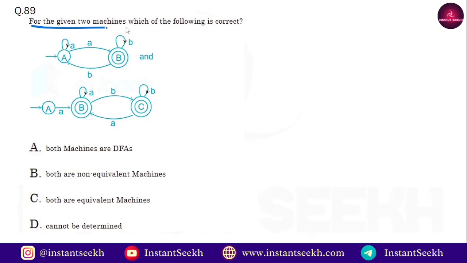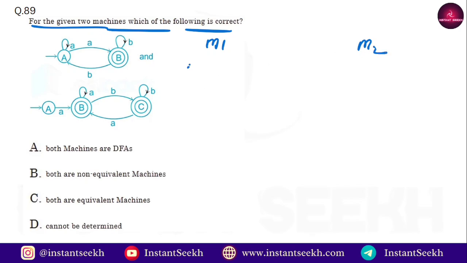For the given two machines, which of the following is correct? Both machines are DFAs, both are non-equivalent machines, both are equivalent machines, or cannot be determined. So first, what are the states for the first machine? Let's say machine 1 and machine 2.